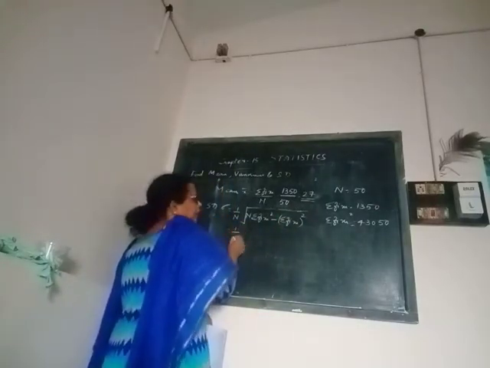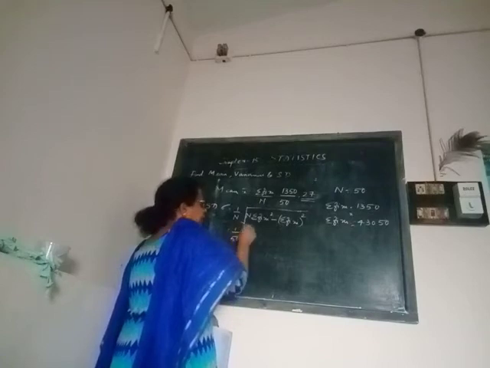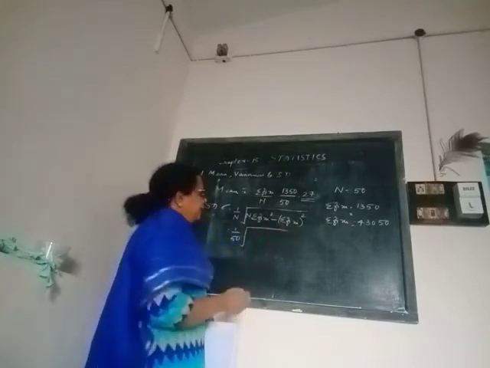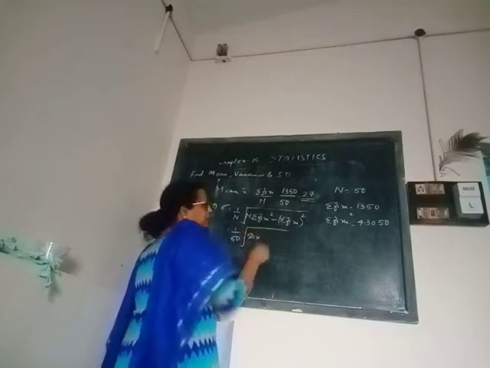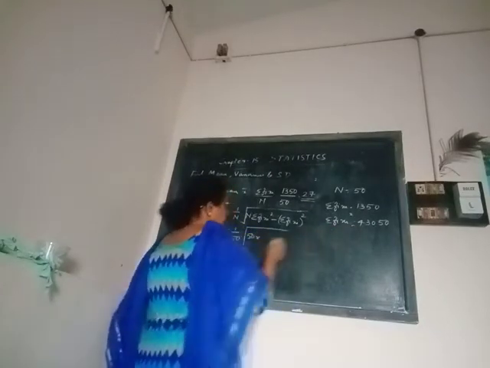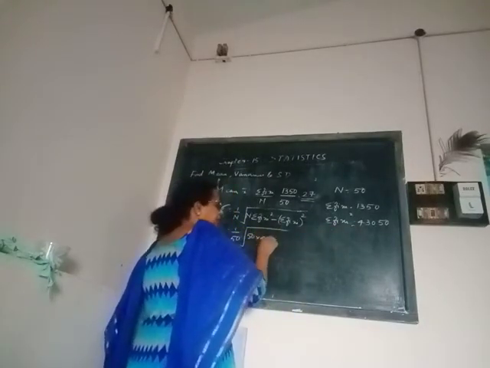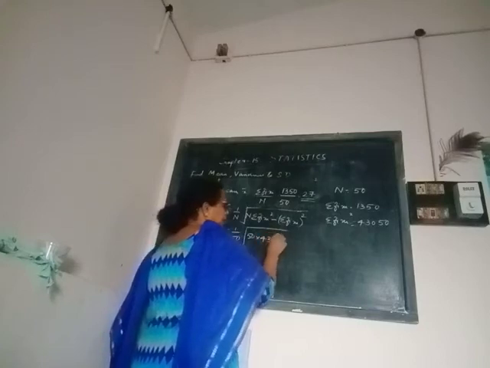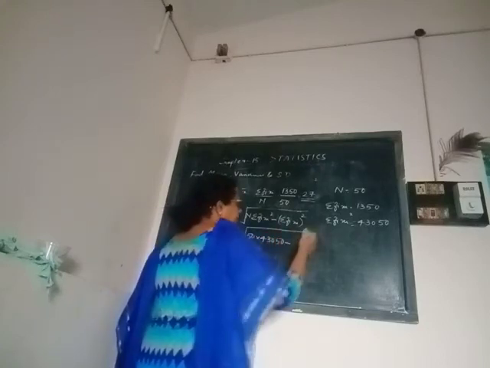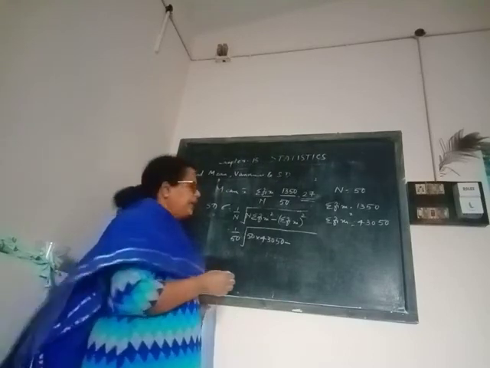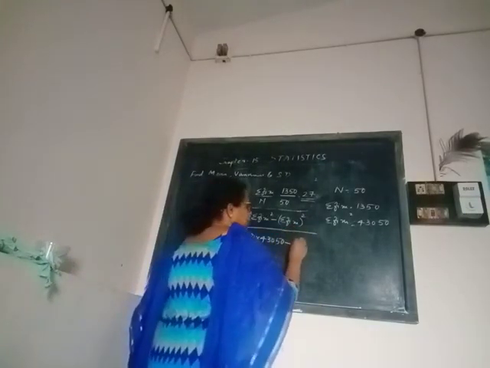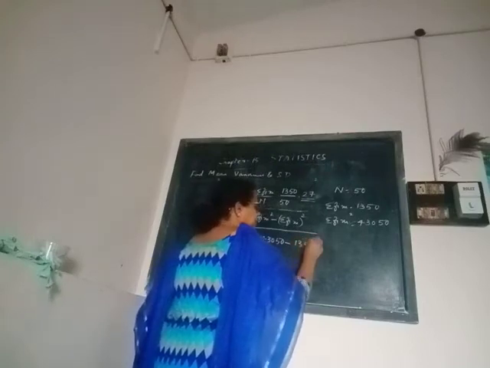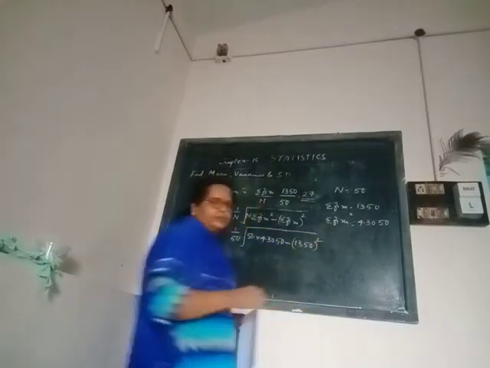Substitute the values. 1 by n is 1 by 50, root of n sigma fi xi squared. 50 into sigma fi xi squared is 43050, minus sigma fi xi whole squared. What is sigma fi xi whole squared? 1350 whole squared.